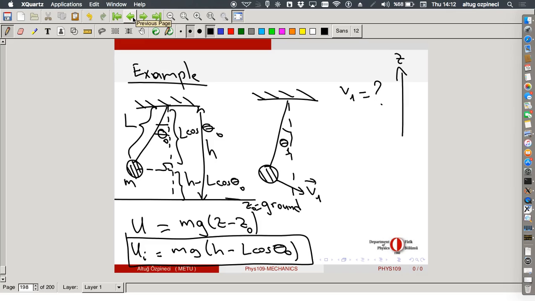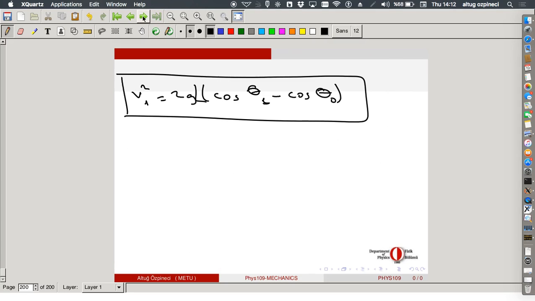And this speed, in both cases, will be identical, because the only difference is the tension force, which doesn't do any work. So whether we are just releasing it or attaching it to the end of the pendulum, its speed will be the same. So these two cases.